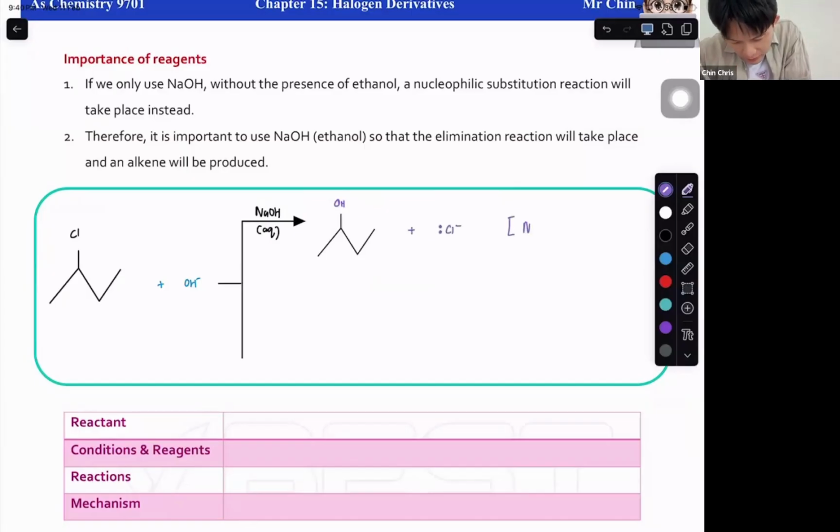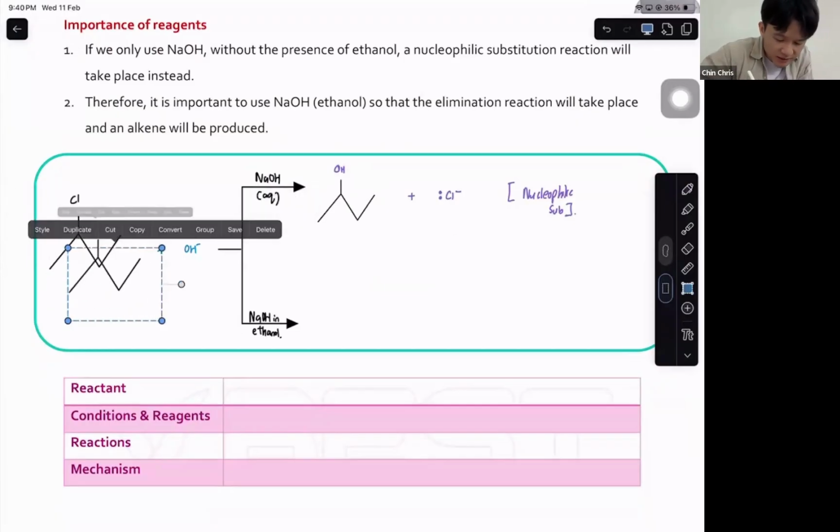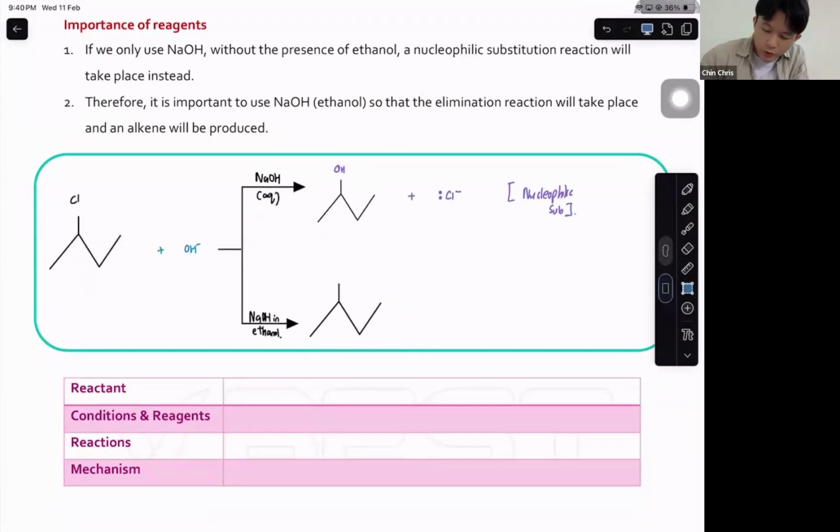And this is a nucleophilic substitution. But if I were to write NaOH in ethanol, it's a different story now. I can remove my Cl and H.